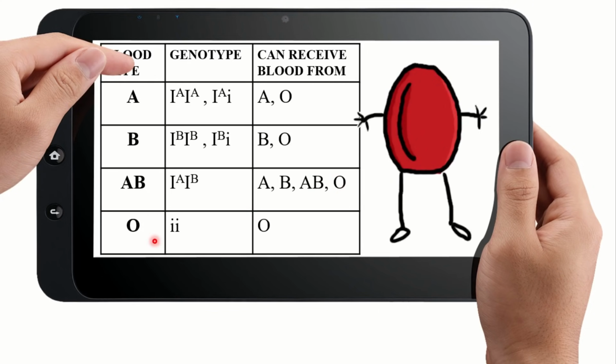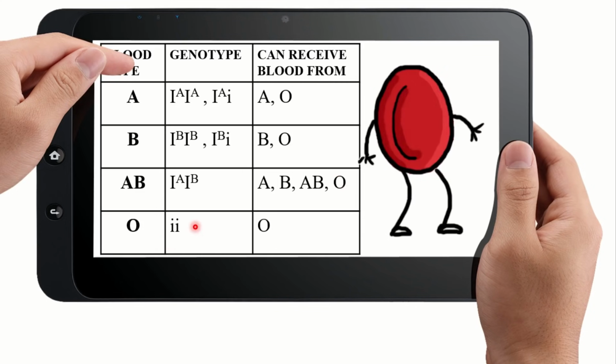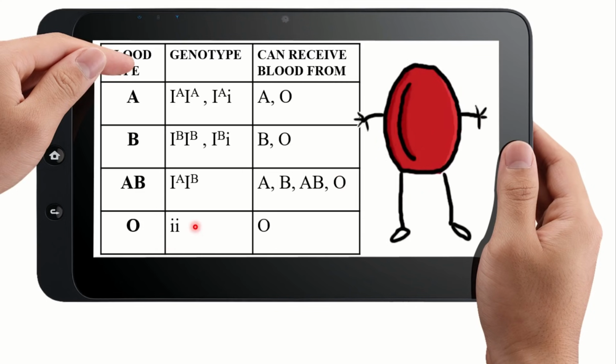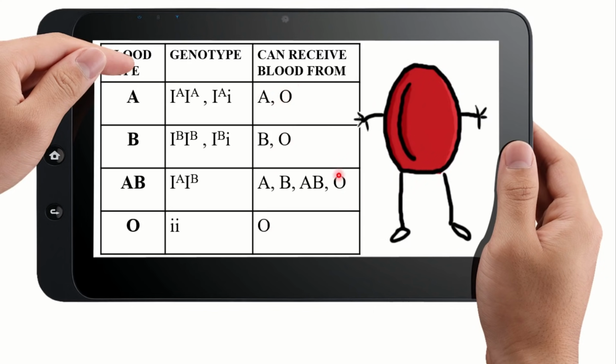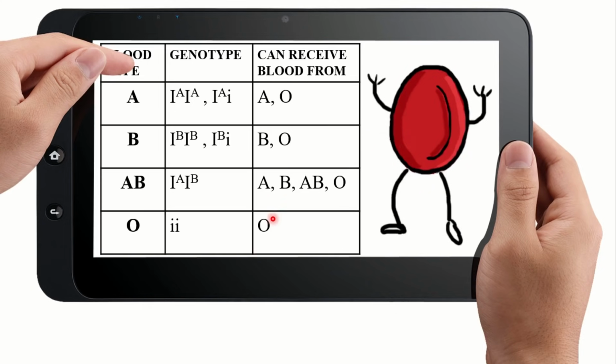Blood type O has a genotype of small i, because it has no antigen. It can receive blood from blood type O only. And as you can see, blood type O can donate blood to any type of blood type because it is considered the universal donor.